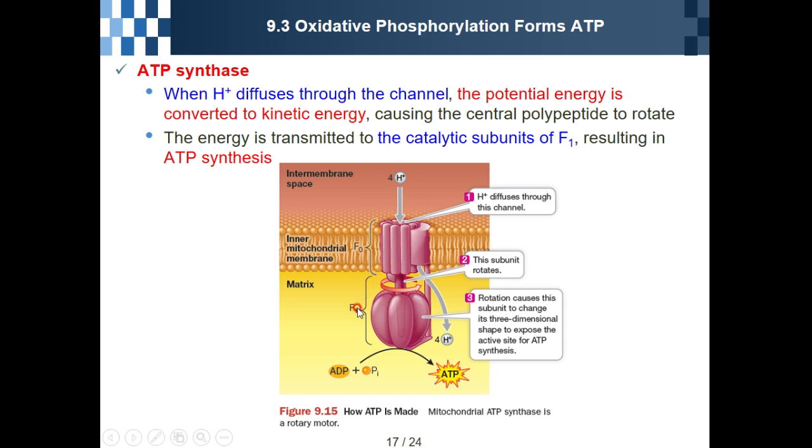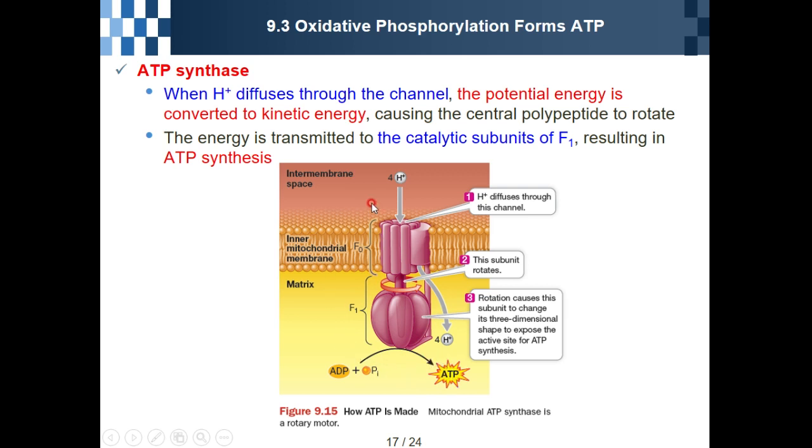They have the F1 subunit, so these polypeptides rotate. This potential energy is changed to kinetic energy, so the energy is transmitted to the F1 subunit. It will activate this subunit, so they will make ATP like this.